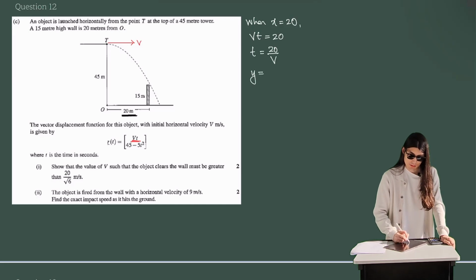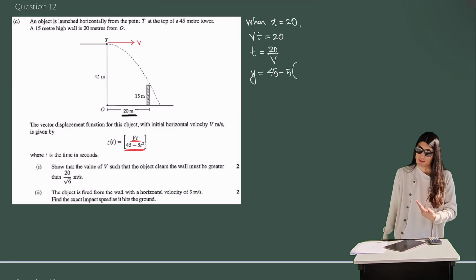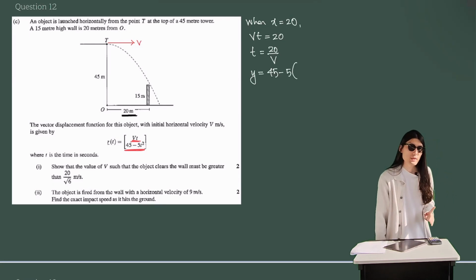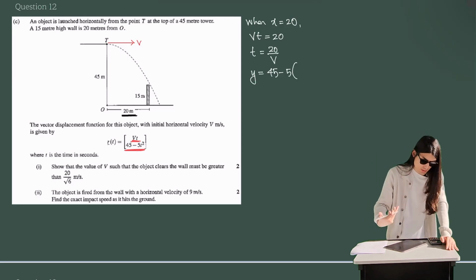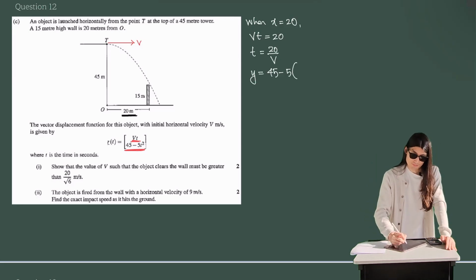Y, of course, is given by 45 minus 5t squared. 45 minus 5 times, and as I just said, the time that I am interested in is t equals 20 over v, because that's when the projectile reaches the wall, isn't it?